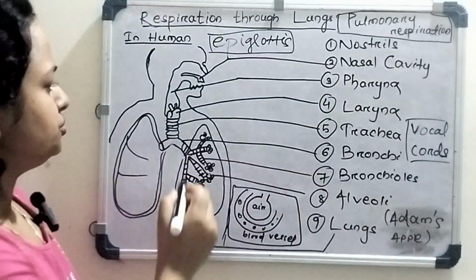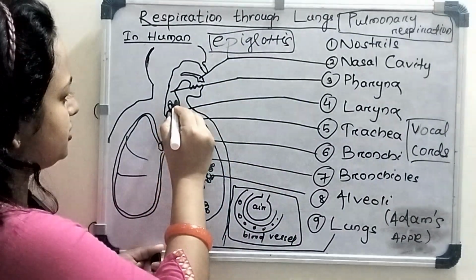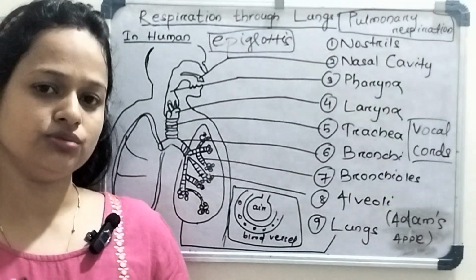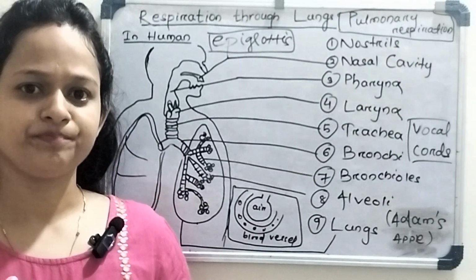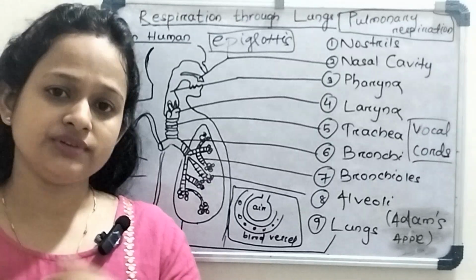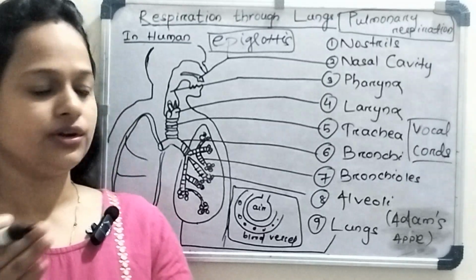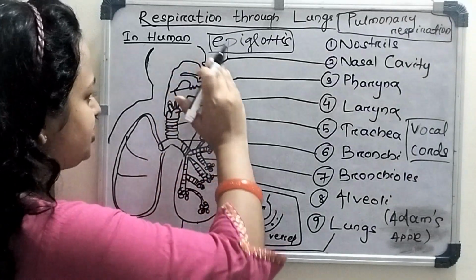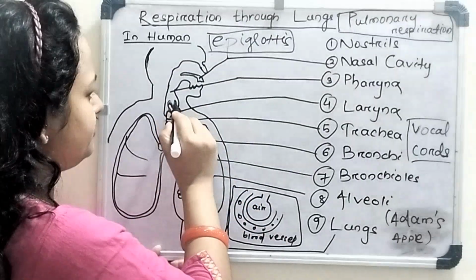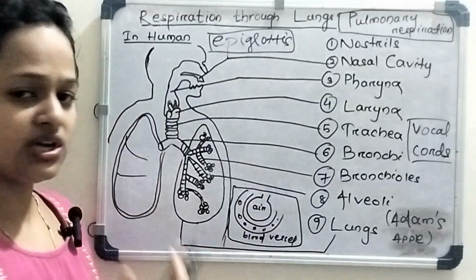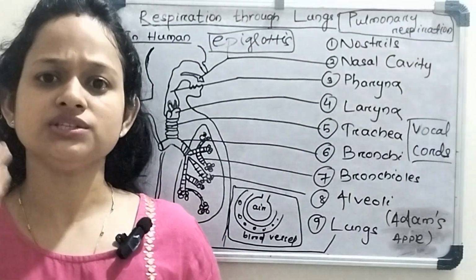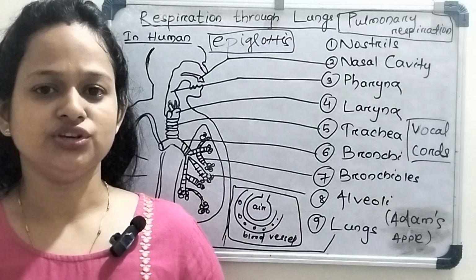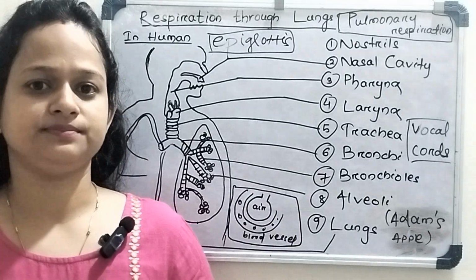There are two vocal cords. These vocal cords help in producing sound by vibrating when air is forced from inside to the outside. They vibrate and produce the sound that makes speech. So the larynx helps in making the voice.